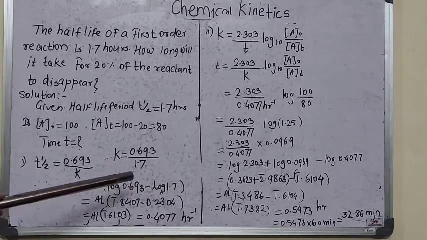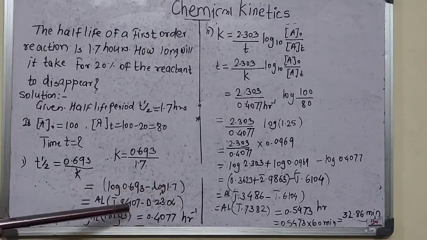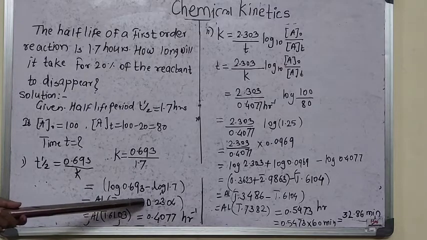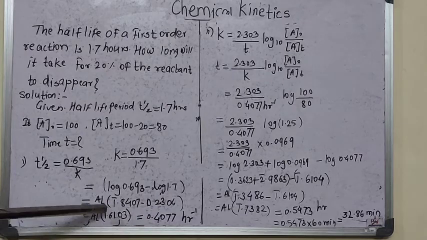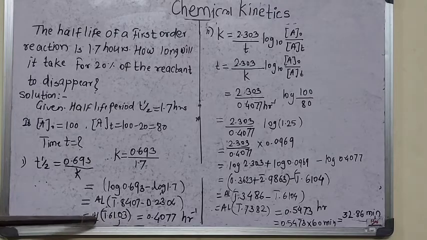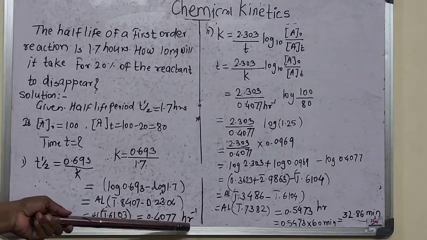Solving by the log table, log of 0.693 minus log of 1.7, we are getting log of 0.693, that is bar 1.8407, minus 0.2304 for 1.7. Solving this one, we are getting bar 1.6103. So we take the antilog of this one, and we are getting the value 0.4077 per hour.